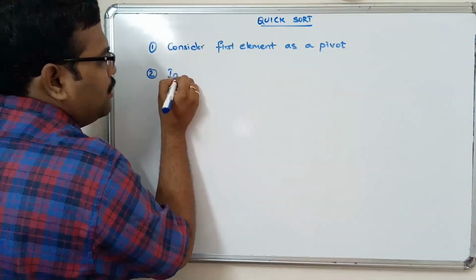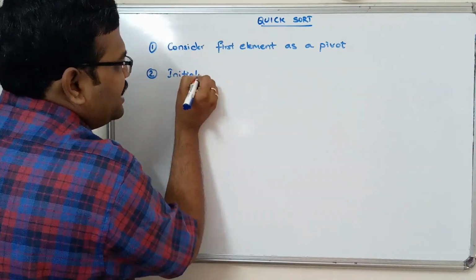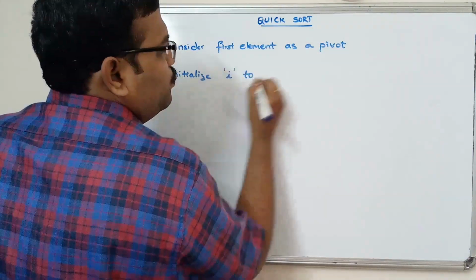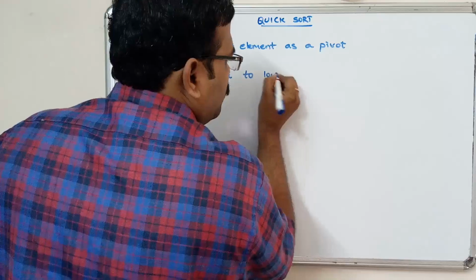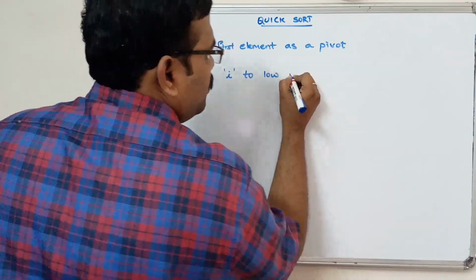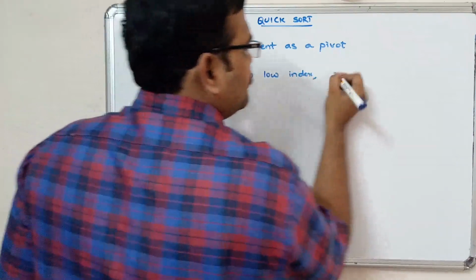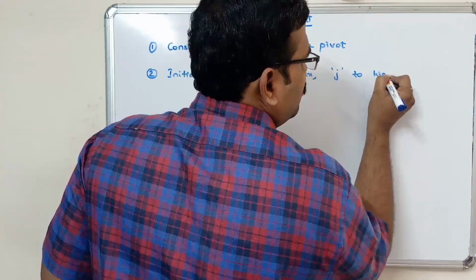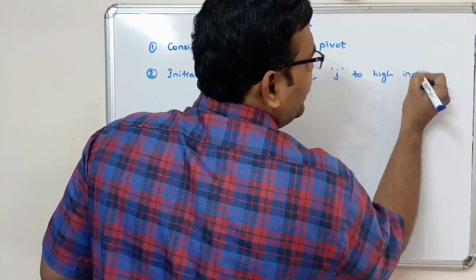Next, initialize i to the low index and j to the high index.